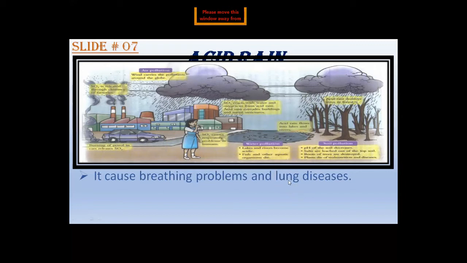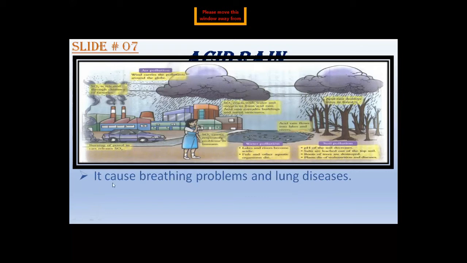So lung diseases can be caused by acid rain. As you can see in the diagram, the girl is coughing continuously. Why? Just because of the acid rain. It causes breathing problems and lung diseases. So, what is point number one for acid rain?